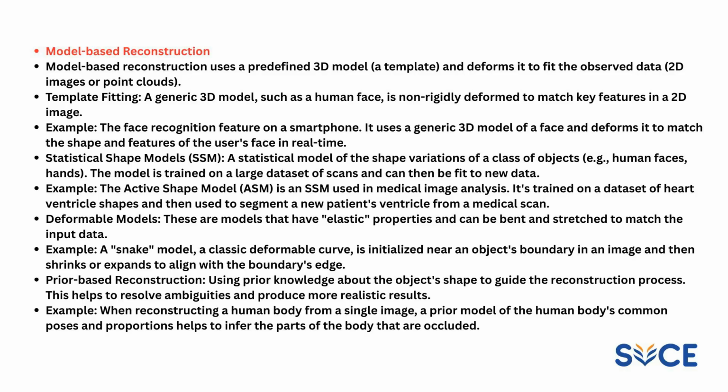Statistical shape models. Now imagine you are a doctor trying to analyze the shape of a patient's heart from a medical scan. No two hearts look exactly the same. Some are wider, some are narrower. So how do we handle that? That's where statistical shape models come into the picture.